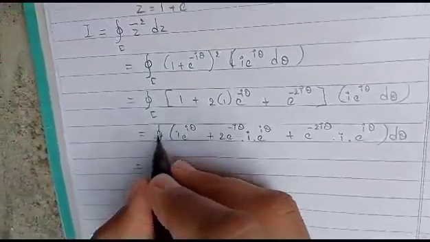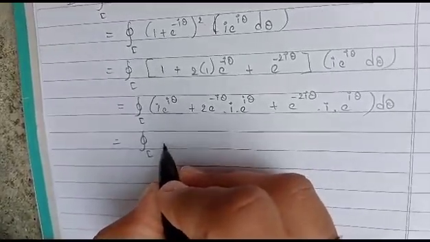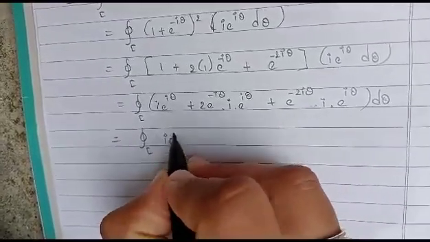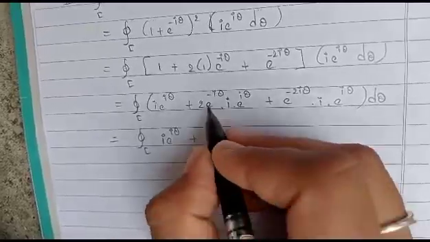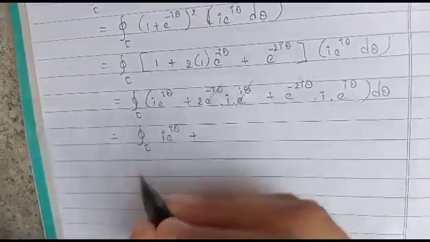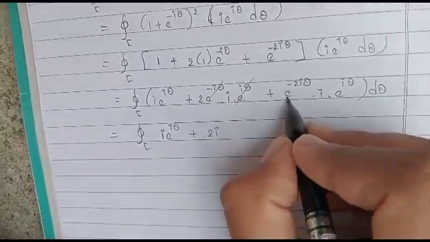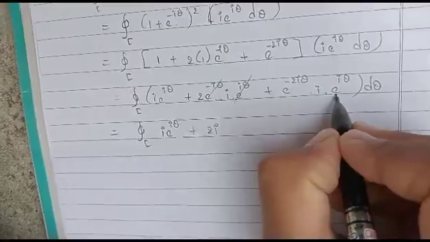Let us, on solving we get i e power i theta plus here e power minus i theta into e power i theta. It cancels. Then we have 2i. Here e power minus 2i theta and e power i theta.